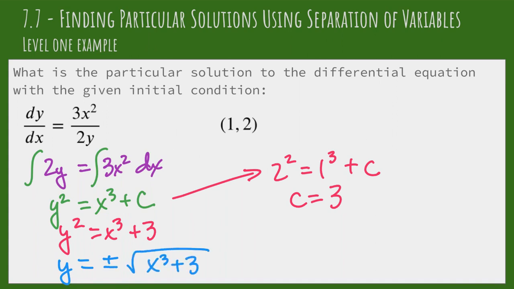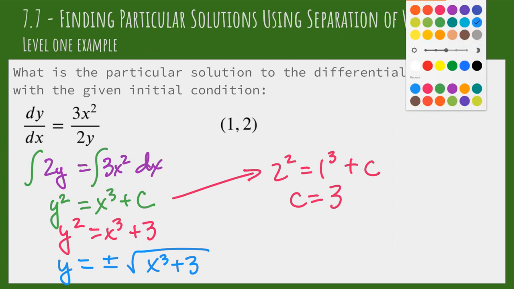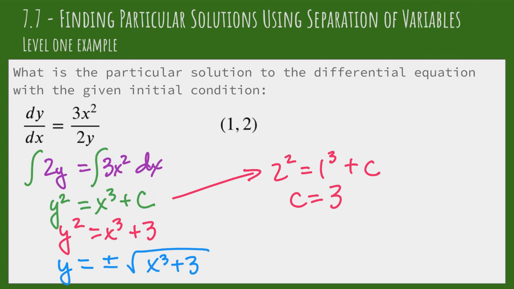Now, the last thing I want to do here is restrict the domain, and actually in this case also the range, based on the initial condition. If you remember, the solution curve can only be part of a continuous section. And so this right here actually has two branches. It has a top half and a bottom half.